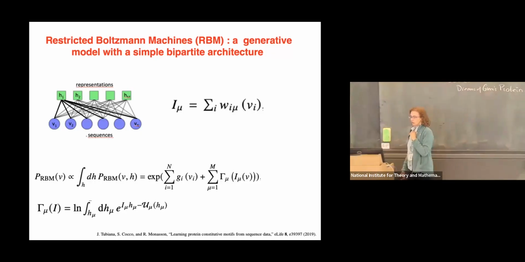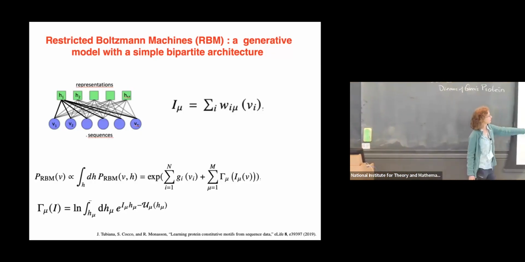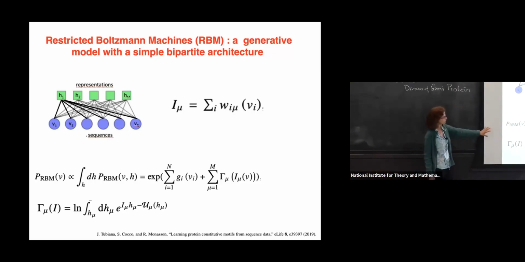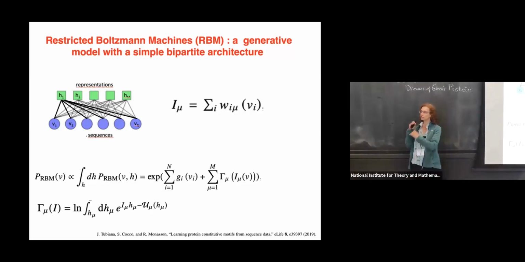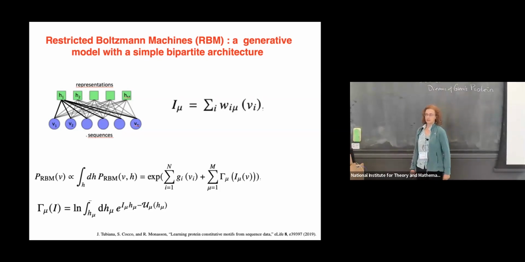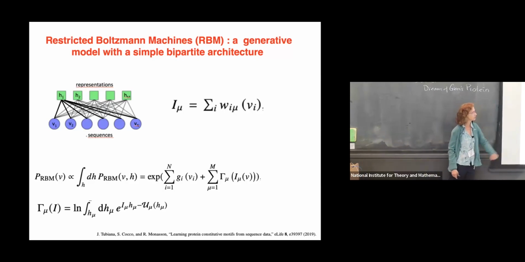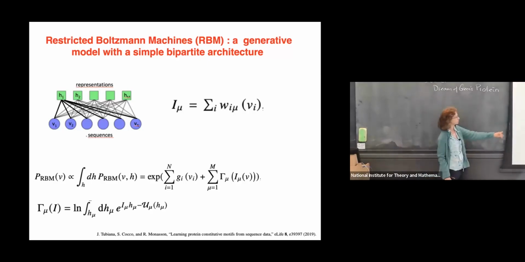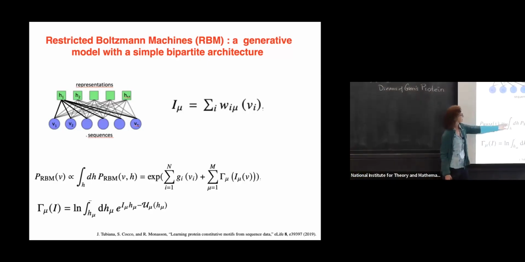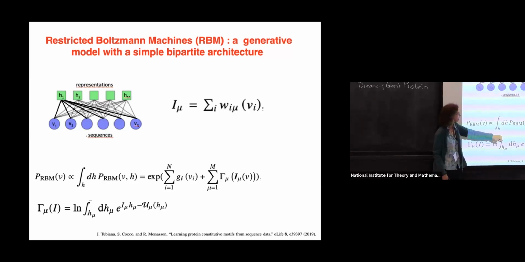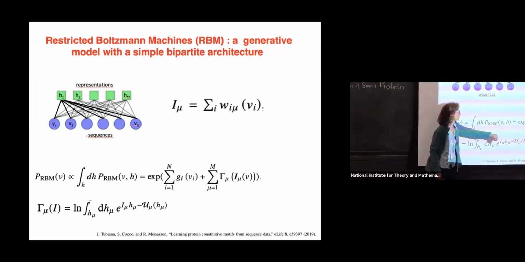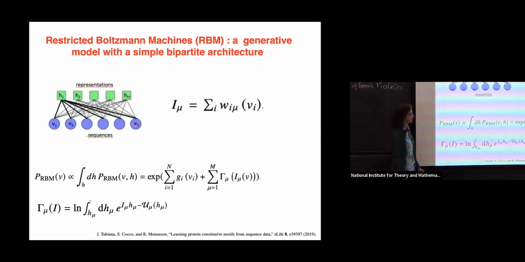Okay, cool. So then, the probability of having a given sequence, this is the nice thing about RBMs. You can write it in two lines, unlike these deep models in which you cannot. This is a very simple writing. So the probability of a given sequence is thus the integral over possible values of the hidden units of these probabilities, which depend both on the sequence and on the hidden units.